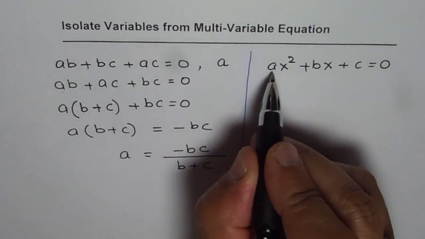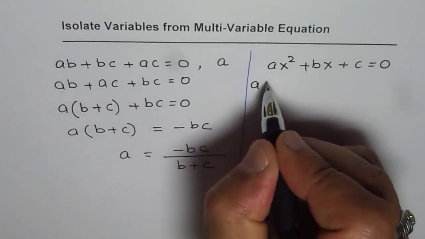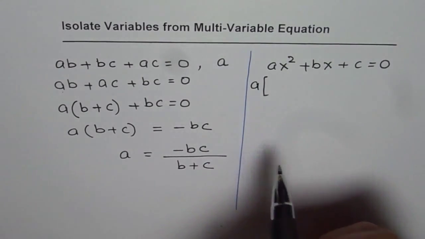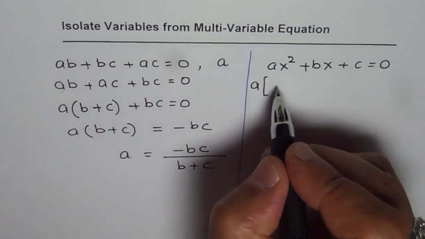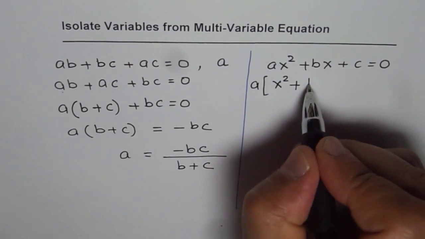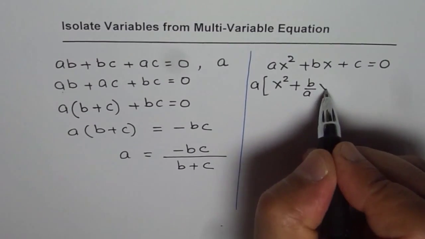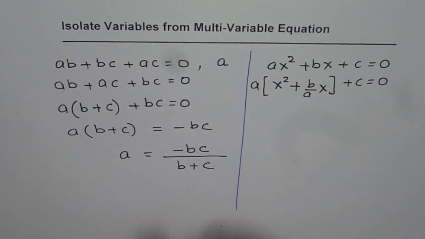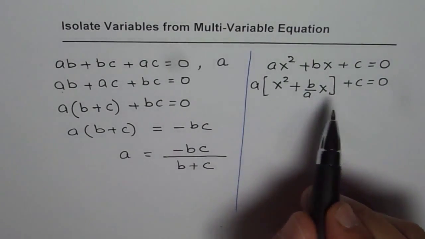So the steps are, we'll take a common. So when I take a common from the first two terms which have x in them, then what do we get? We get x squared plus b over a times x plus c equals to 0. Now the trick part is completing the squares.